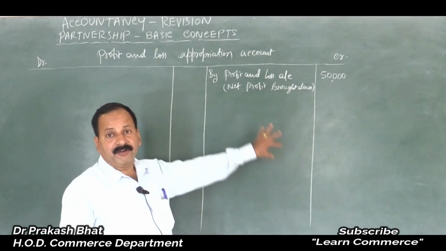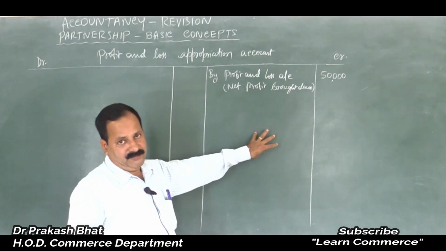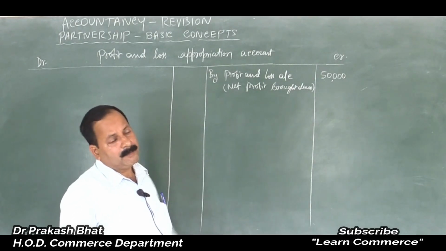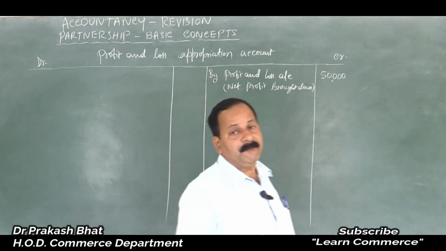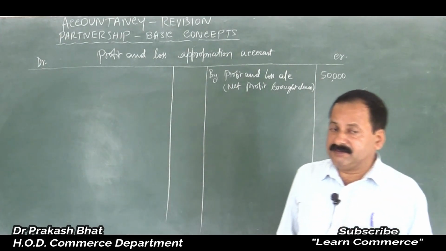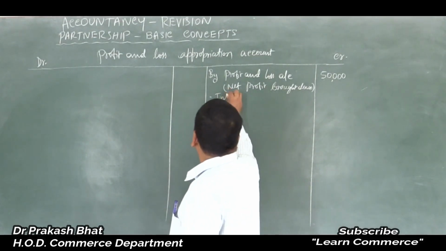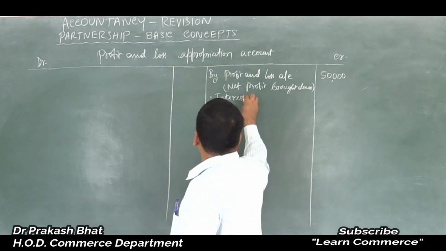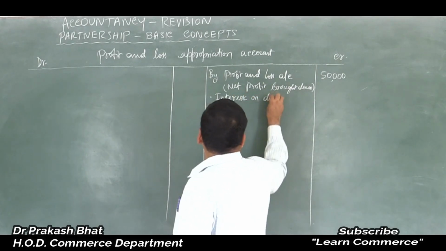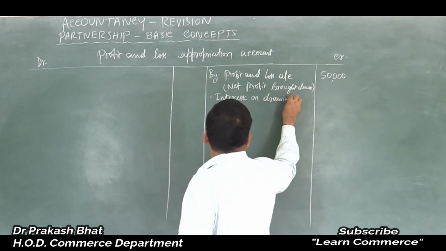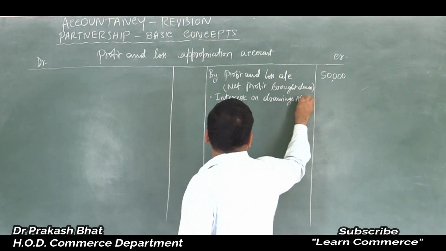I told you interest on drawings is an income to the firm, because partners are supposed to pay interest on drawings to the firm, right? So, by interest on drawings account.